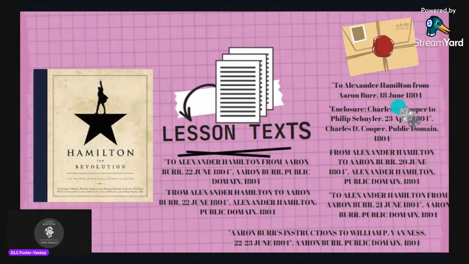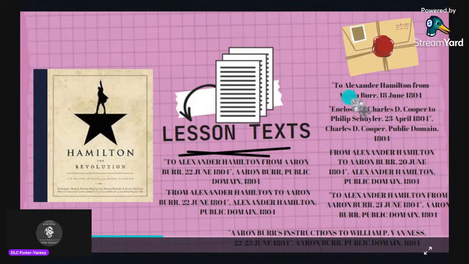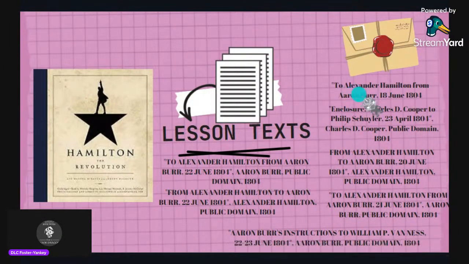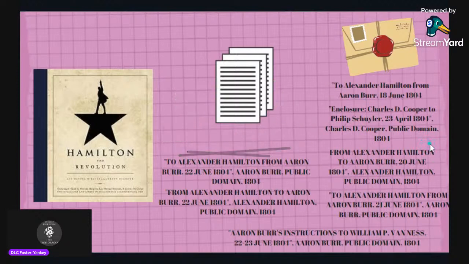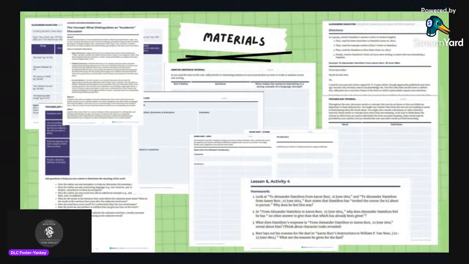The texts for this lesson are Hamilton: The Revolution and also several letters between Alexander Hamilton and Aaron Burr. We have a bunch of tools that will be used in this lesson, including the Burr Hamilton note-taking tool, Rewriting Hamilton and Burr Letters handout, mentor sentence journal, vocabulary and context tool, vocabulary journal, a word map, and open and closed word sorts.